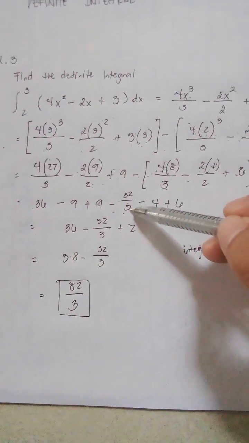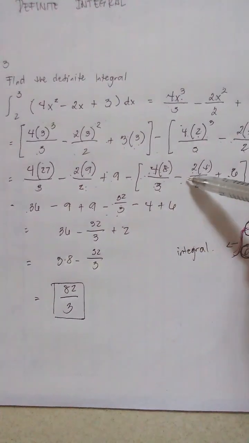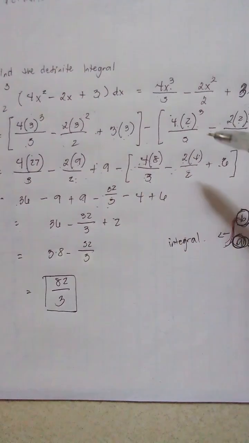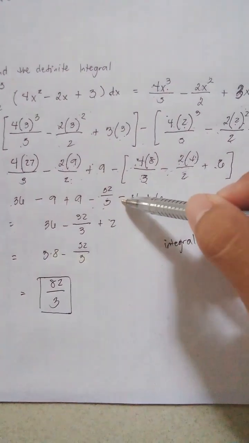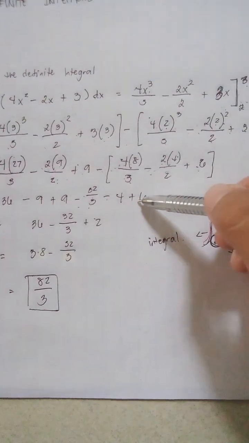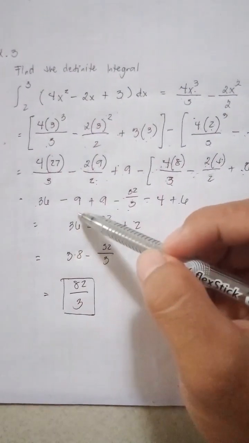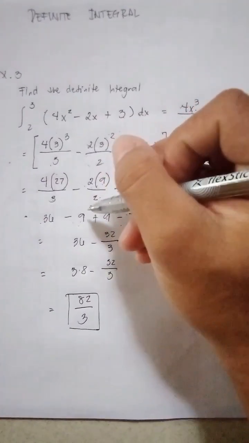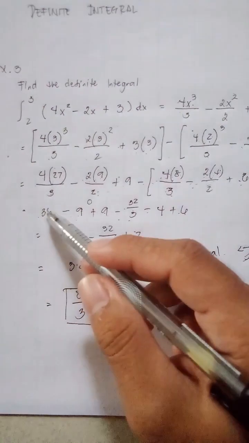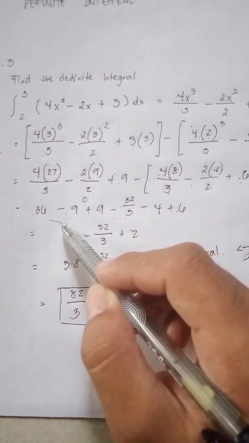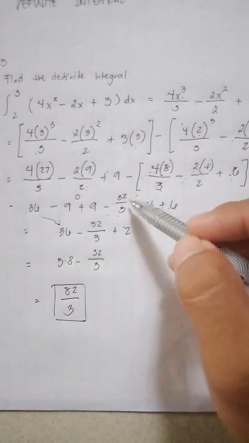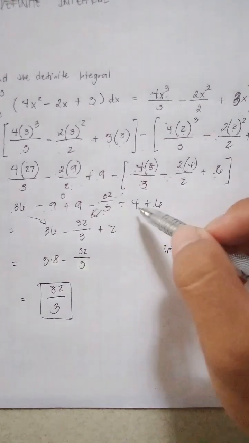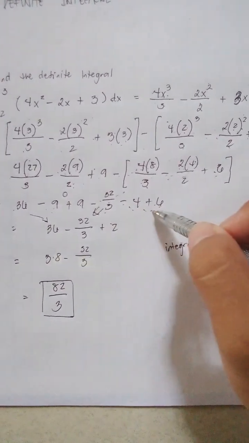So it became this. And 2 times 4 equals 8 divided by 2 equals 4. We distribute the negative, and 6, likewise. So negative 9 plus 9 equals 0. So we just bring down the 36. And negative 4 plus 6 equals 2.